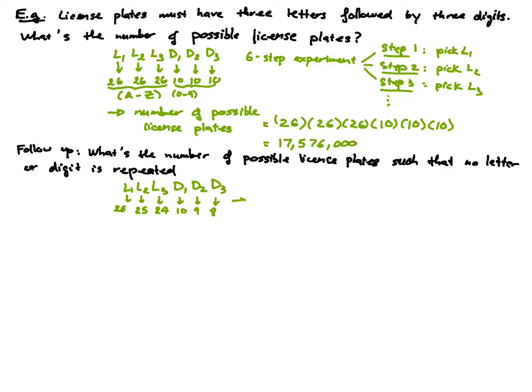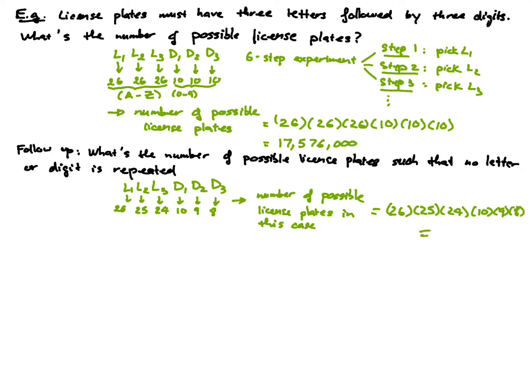And so the number of possible license plates in this case is equal to 26 times 25 times 24 times 10 times 9 times 8, which is equal to 11,232,000.